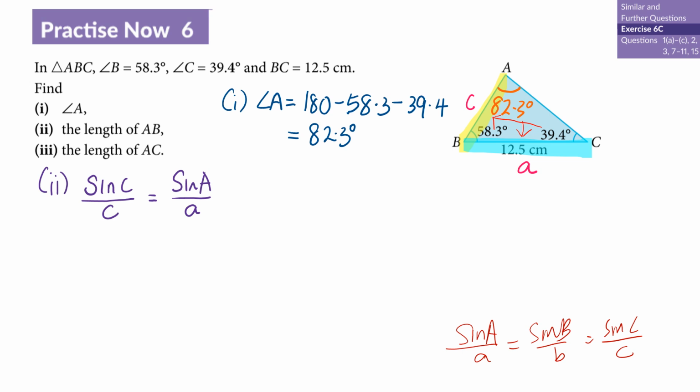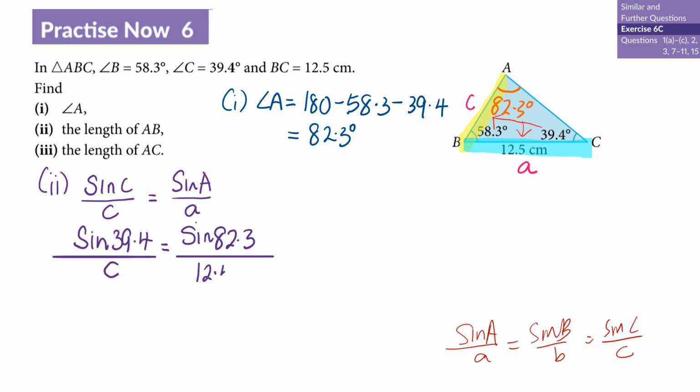You can just choose to use two of them. It can be sine A over A equals sine B over B. In this case here, I'm using the ratio sine C over C equals sine A over A. So at any one time, you just need to use one pair. You don't need to use all three of them.